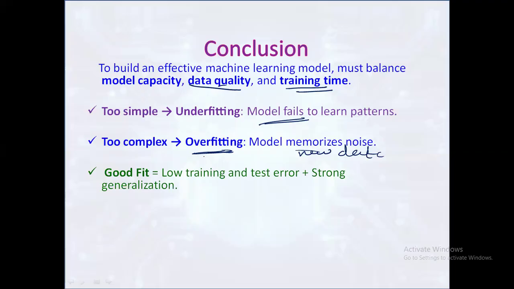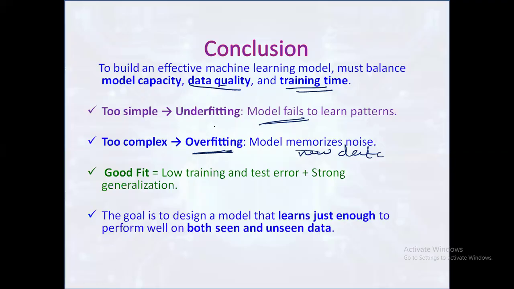The ideal model lies in between, one that is just complex enough to capture the essential relationships while still being able to generalize well to unseen inputs. Achieving this good fit ensures the model performs accurately, reliably, and effectively in real world scenarios.